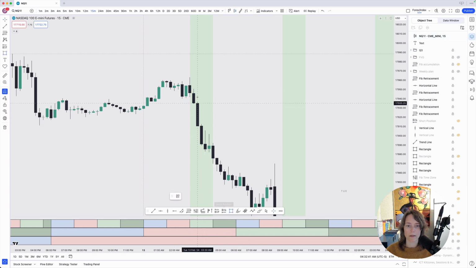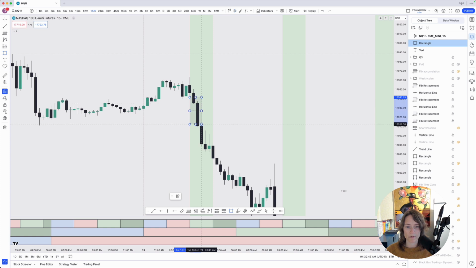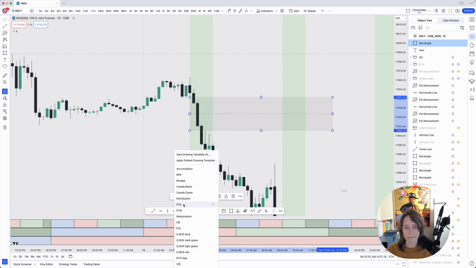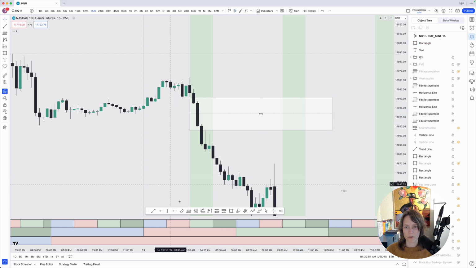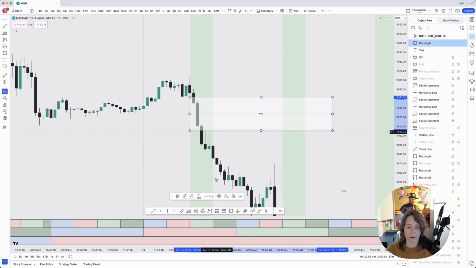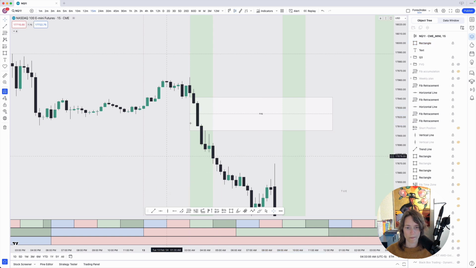We have 1 fair value gap, 2 fair value gaps, and then a third one. Let me just mark that out as 1. So what you want to do is mark out the imbalances caused in the third quarter. In this green box, these are the only imbalances.